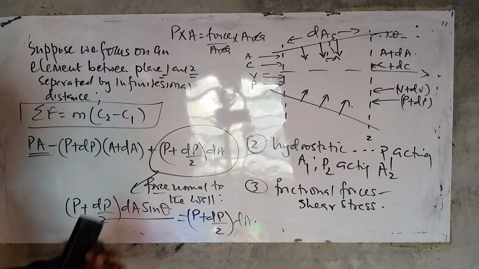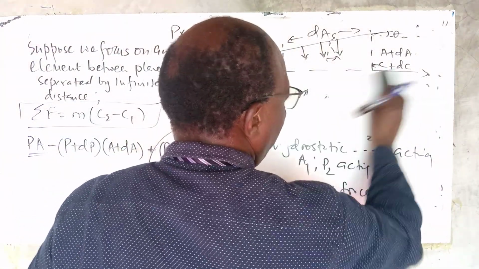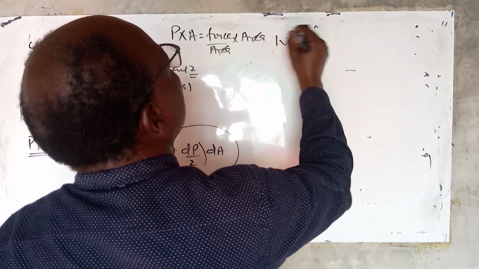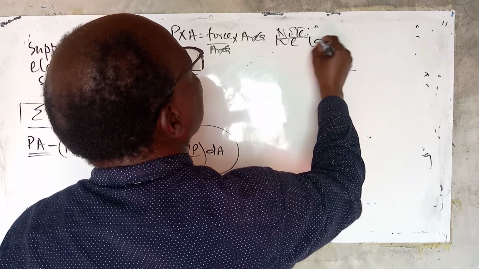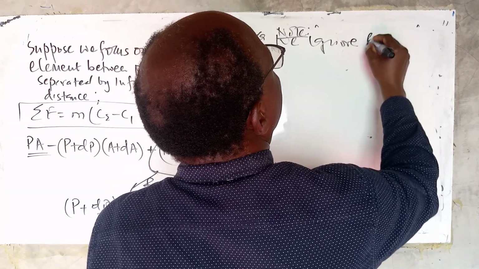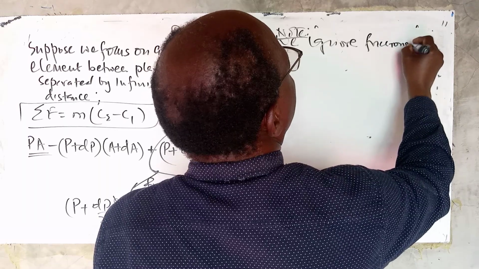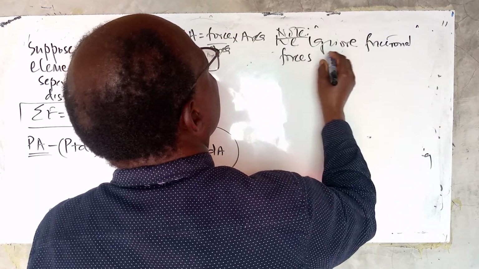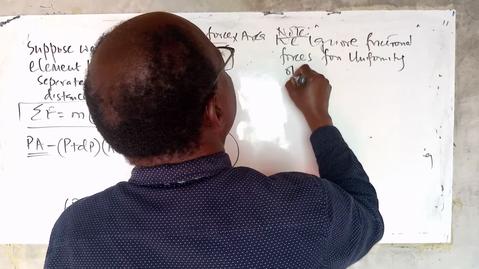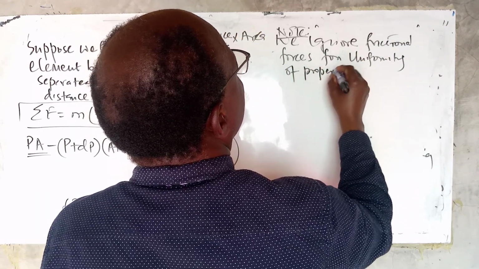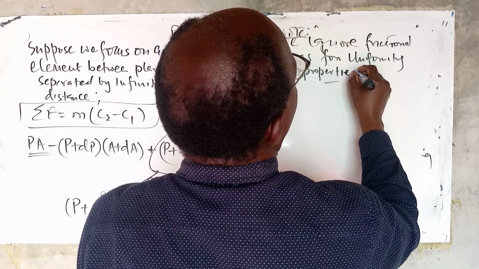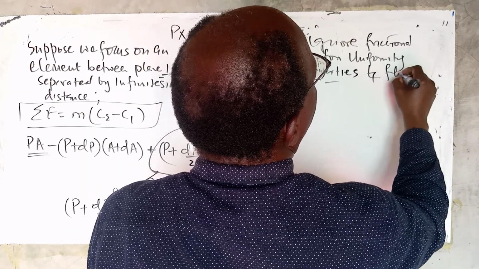So let's make a footnote: we ignore frictional forces for uniformity of properties perpendicular to the flow.